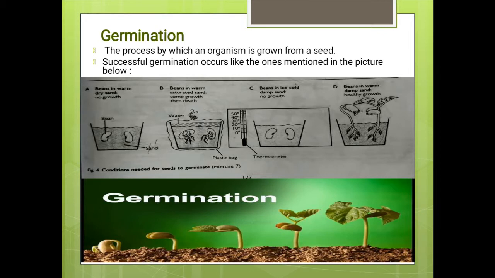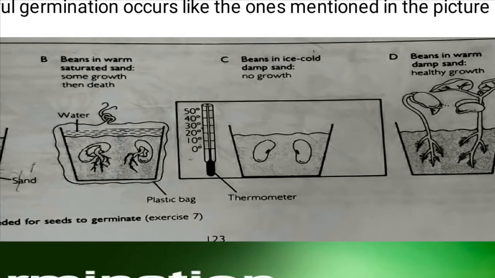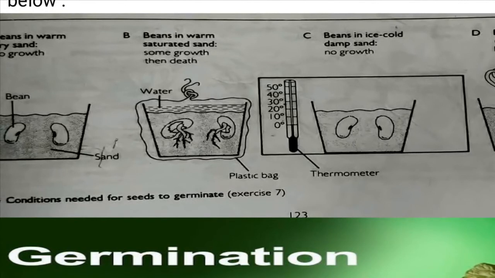If you look at the last part, the one mentioned here, beans in warm damp sand, see, the seed is growing constantly, and the growth is very healthy here. But see, beans in ice cold damp sand, there is no growth, the temperature is too low for the beans to grow. And inside the plastic bag, the seed will grow for some time but it will die.